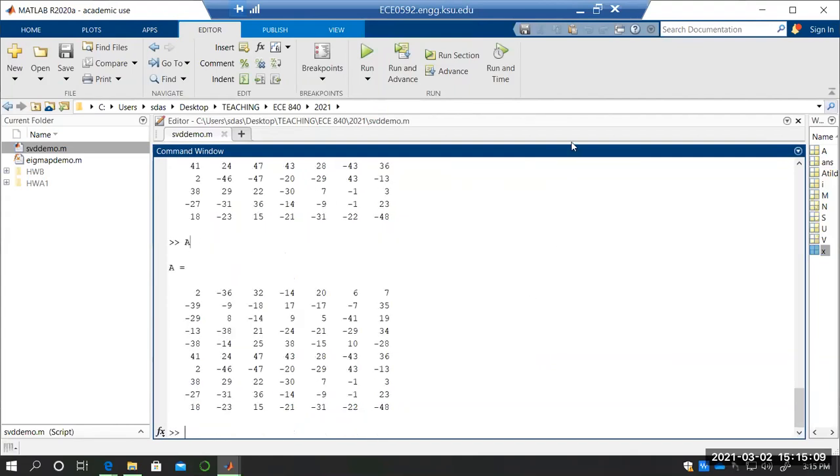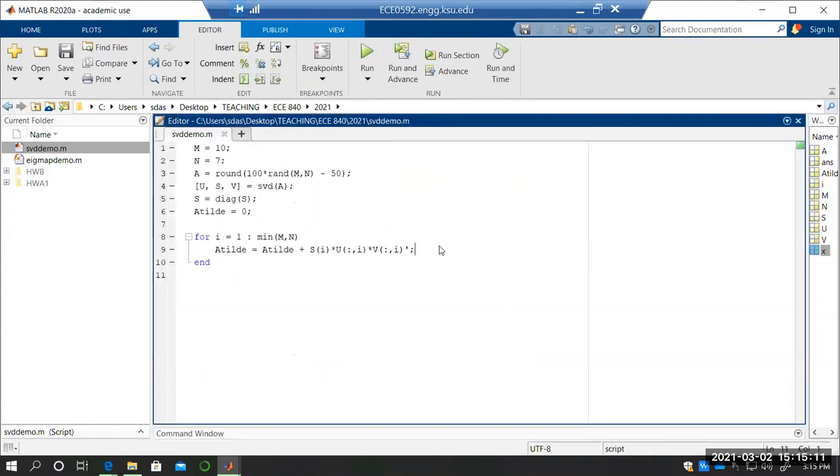Okay. Now, let's look at it a little further. Let me print the rank of A tilde.